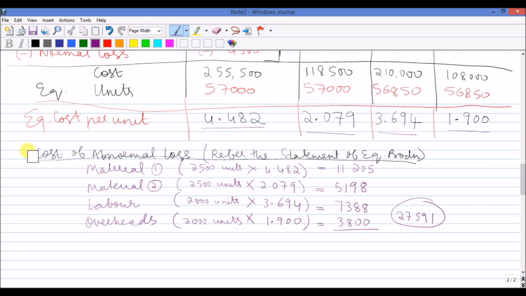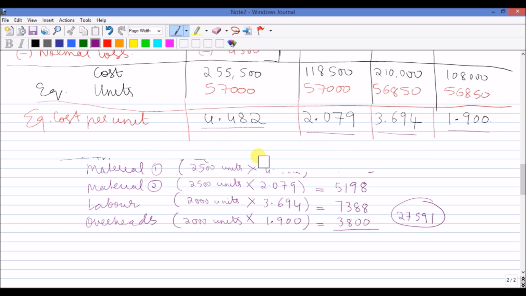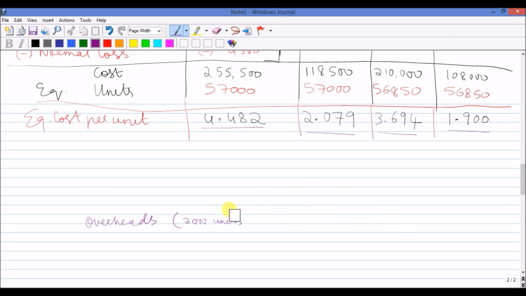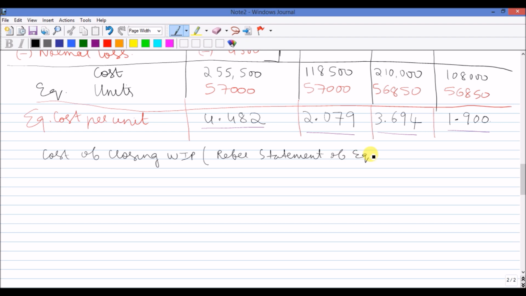So I'm going to rub this part. So now we are going to do the closing work in progress. Just give me 1 minute because I have to round it off to 3 places. So now what we are doing is we are going to find the cost of closing work in progress, and again we have to refer to the statement of equivalent production.